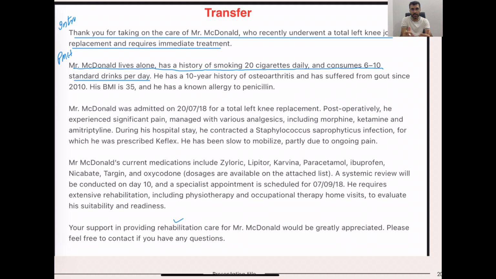So for that, he was planned to have a surgery, left total knee replacement. So here we don't have any presenting complaint. We are not conducting an examination or running investigations, anything. So we'll start from the surgery. So this is the hospital stay actually.